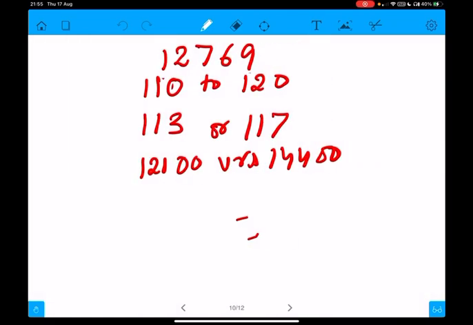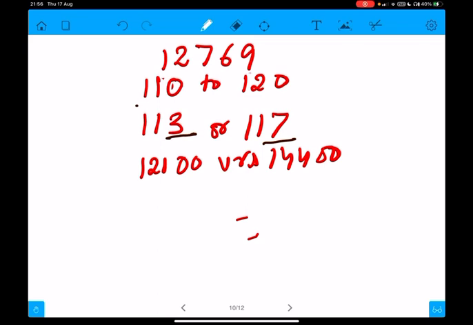Let me give a bigger number now. 12769. The number has to be between 110 and 120. Since it ends with 9, the last digit is 3 or 7. And the number has to be between 11 and 12. So 11 square is 121, 12 square is 144.